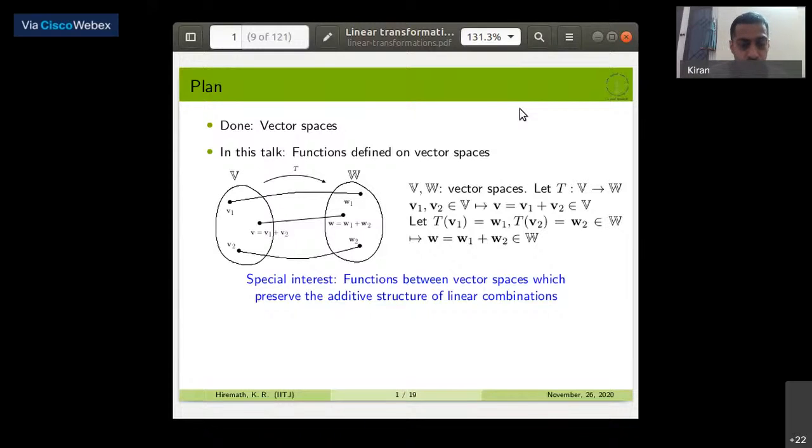So what that means, now let us put it in mathematical terms. T of V is nothing but T of V1 plus V2, right? And I want to study those functions for which T of V1 plus V2 is T of V1 plus T of V2.